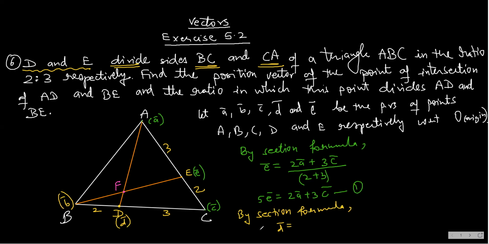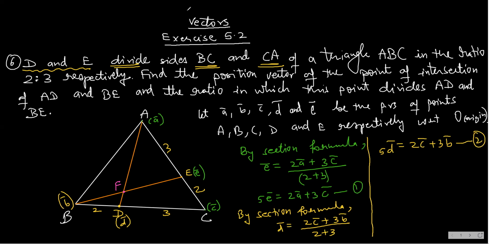D bar equals 2C bar plus 3B bar, 3B bar upon 2 plus 3. So again, what we will have here is 5D bar equals 2C bar plus 3B bar. Okay, this is number 2.